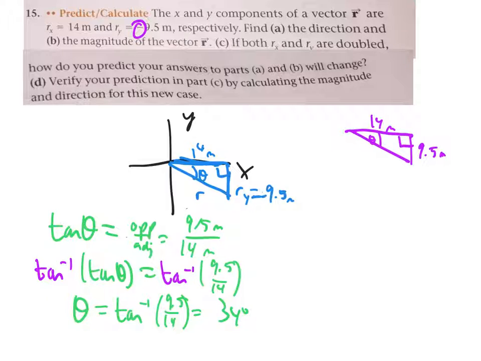So one way to specify the vector r, which is what we were asked for, is to say that r is 17 meters at 34 degrees below the plus x axis.